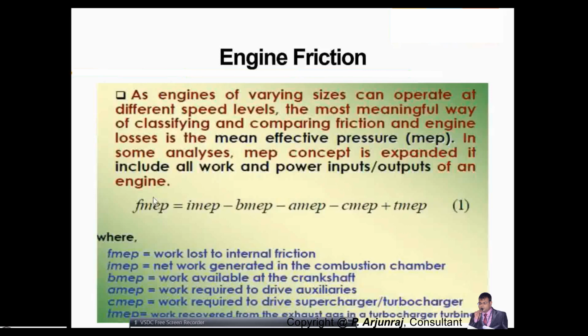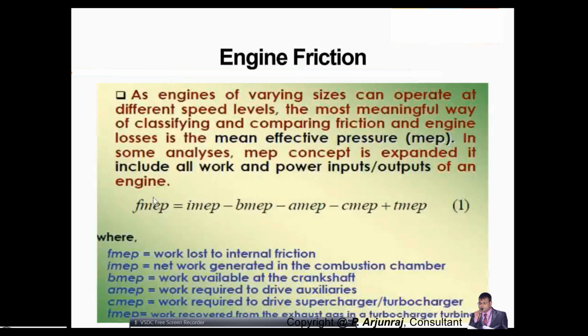It is not with respect to the stroke but related to the cycle, the number of cycles an engine produces during a course of operation. It can be an hour or two hours, irrespective of the duration.